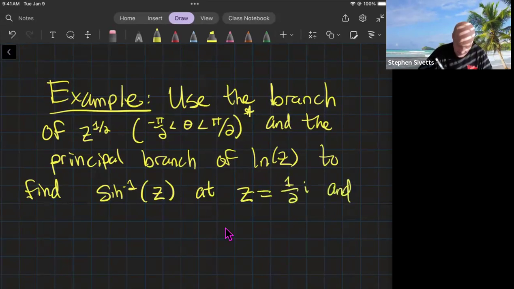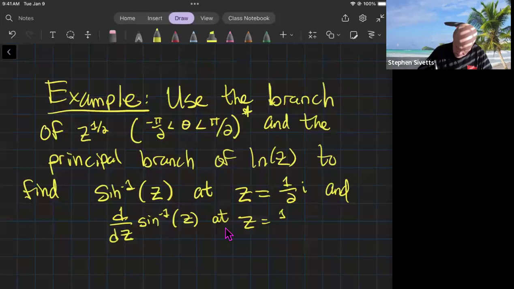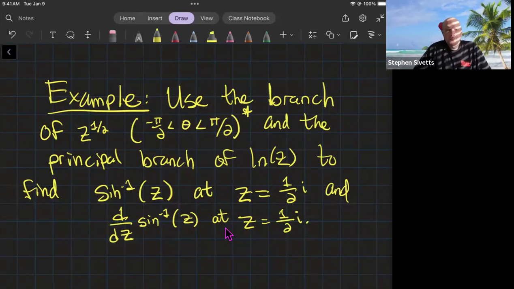And also the derivative. So work out this problem and try to see what you come up with as a solution.